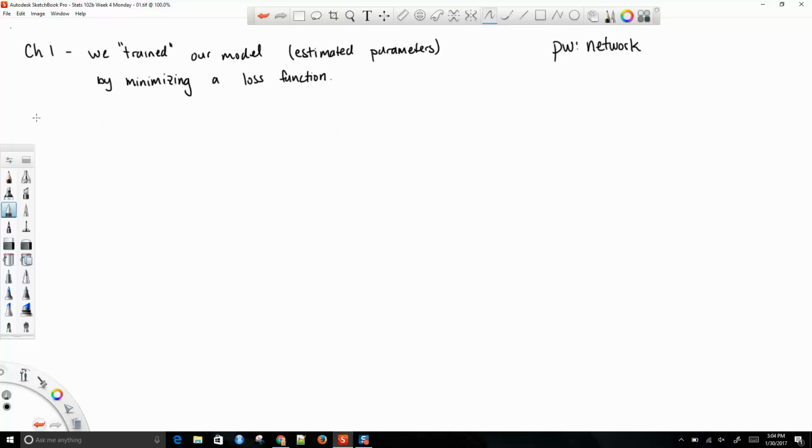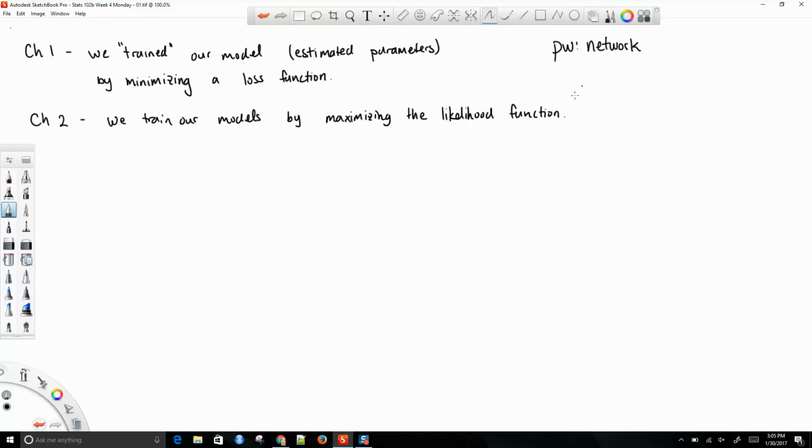And today we'll enter into chapter 2, and we will train our models this way. We will train our models by maximizing the likelihood function.